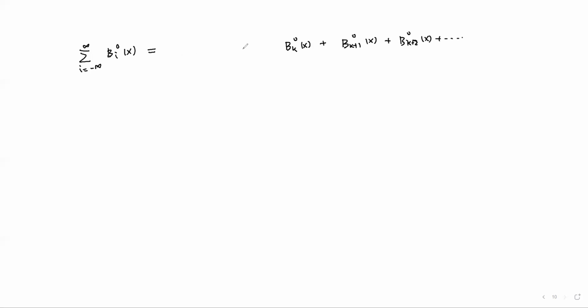Because x must be in one and only one subinterval, and I assume it is in this subinterval, by the definition of this function all the terms are 0 except this term, which is 1.